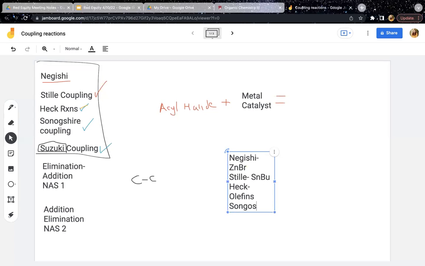Sonogashira uses copper iodide. And then for Suzuki, which you're going to be seeing the most often, it's that big boronic acid.